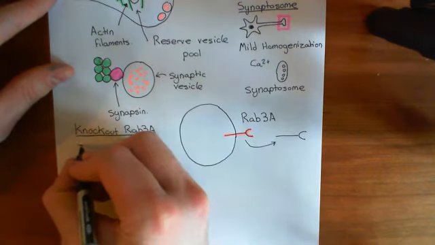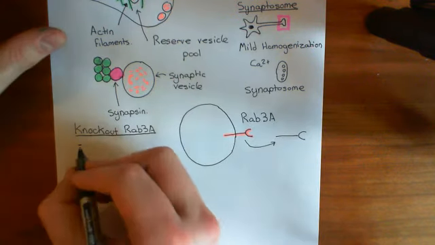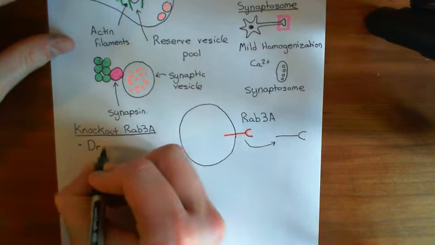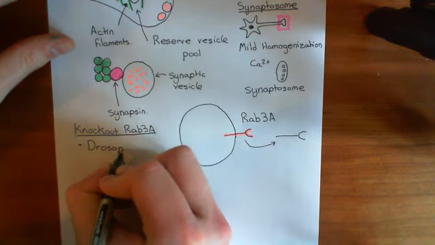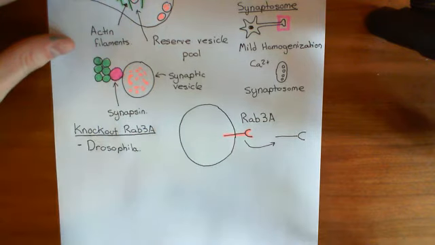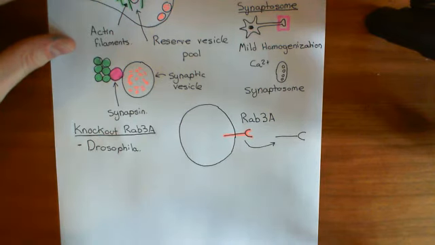So let me just go over some of the experimental animals you can do knockout experiments in. So firstly and foremostly, the ones that we've been doing it in for a long time are Drosophila, which is a type of fruit fly. Okay, and these have the advantage that they reproduce very, very quickly. They grow very, very quickly. So you know, you can do the experiment quickly.